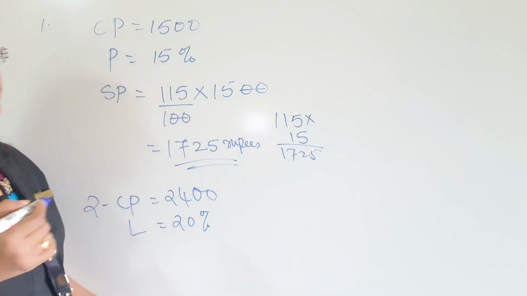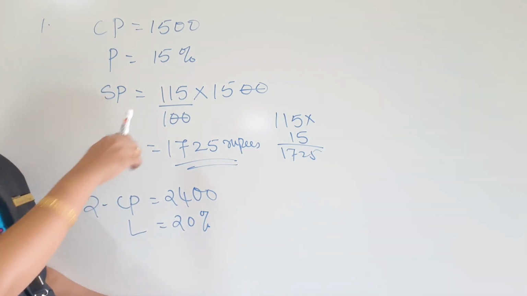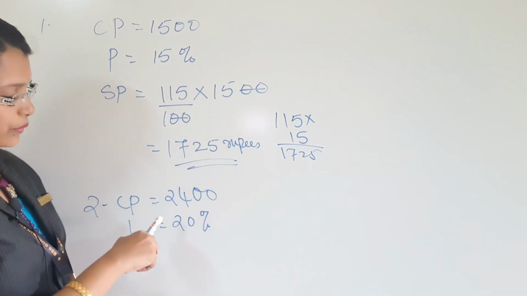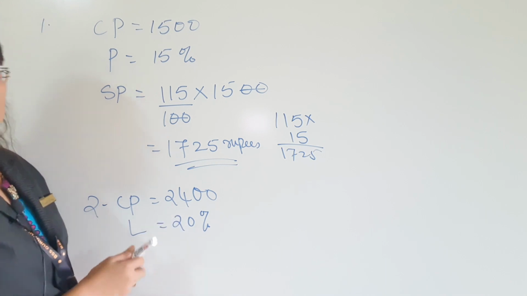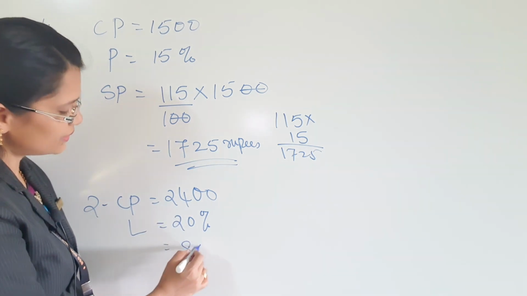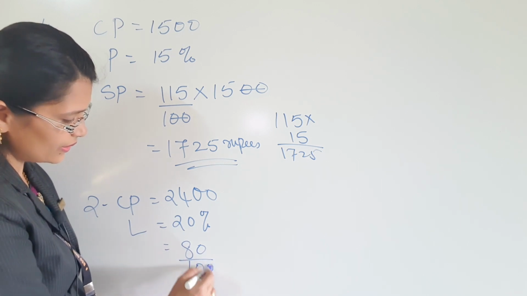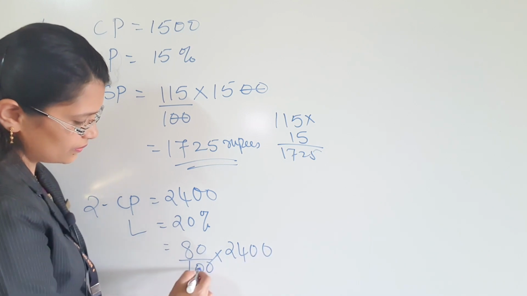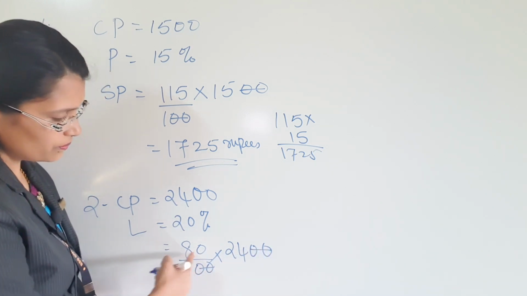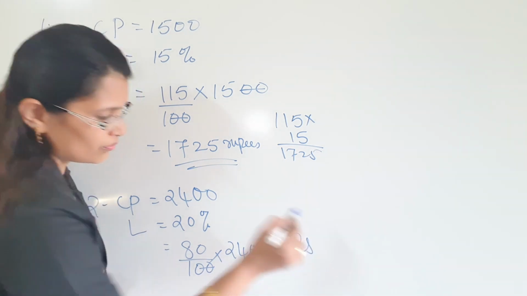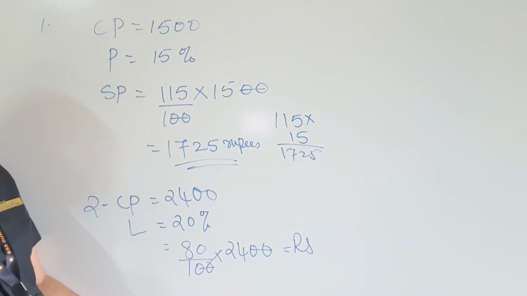So how to find out, children? Here we added, right, 100 plus 15. So here we have to subtract 100 minus 20 is equal to 80. So is equal to 80 divided by 100 into 2400 is equal to 80 into 24. What is 80 into 24?